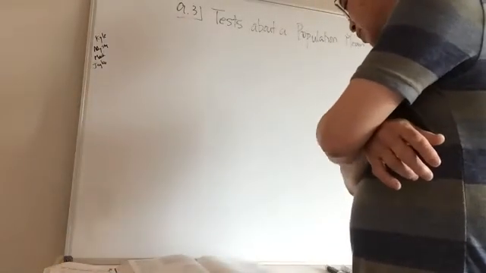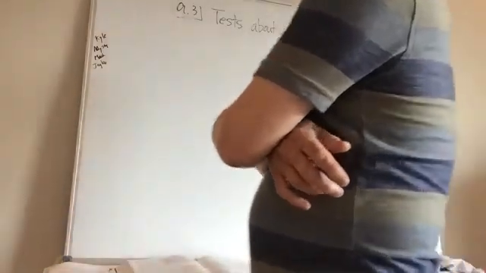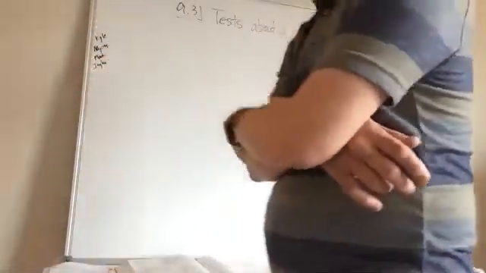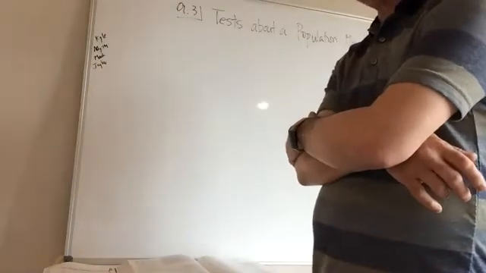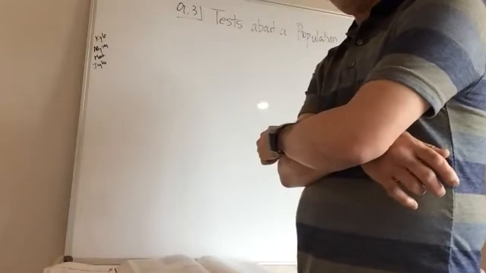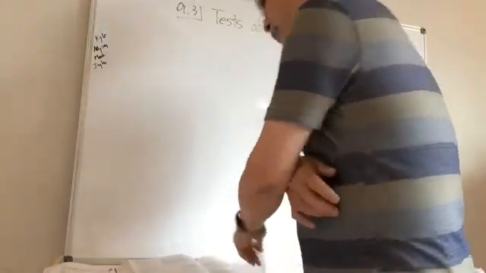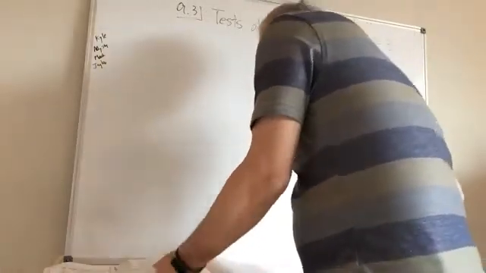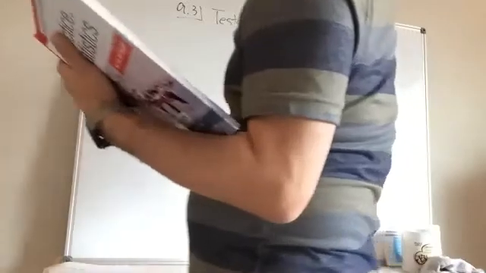So the stronger the power of the test, the less likely you will have a type 2 error. Think of the power of a test in that sense. If you go to page 599, there is the relationship between the power and the type 2 error.